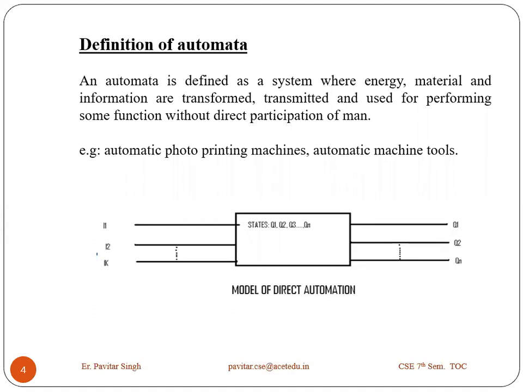So the input will be processed, and that processing is called state changes. Then, if you have provided some input, definitely you will get some output for it. Let's suppose for I1 you have the output O1, for I2 the output O2, and for IK the output OK. It means that for every input, the input will be processed in multiple forms and you will get the corresponding output as well.